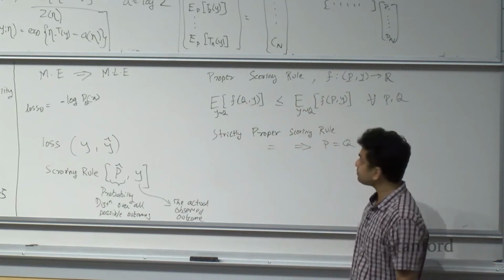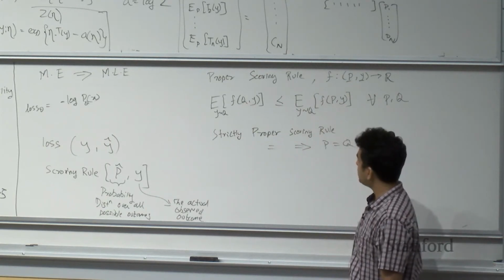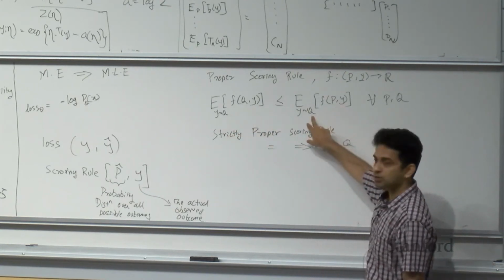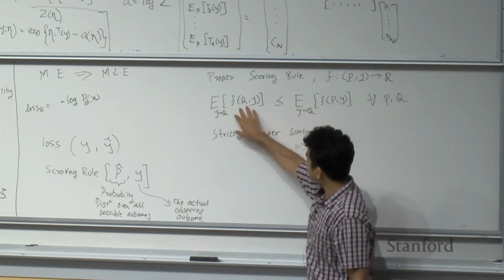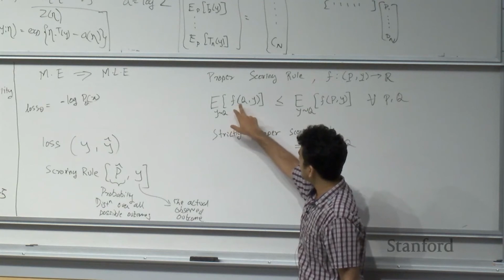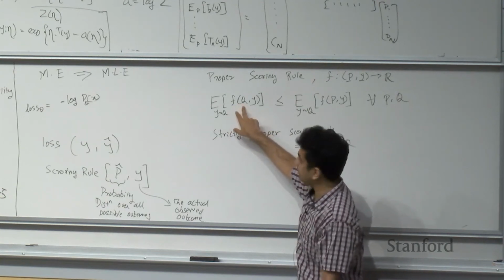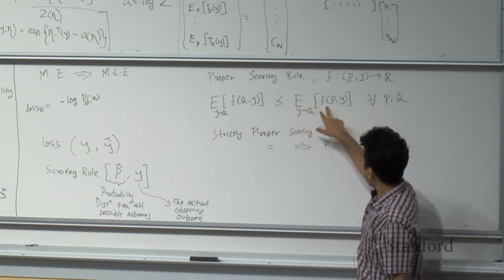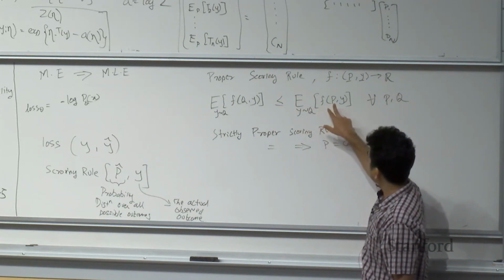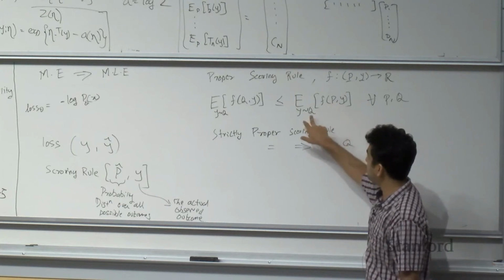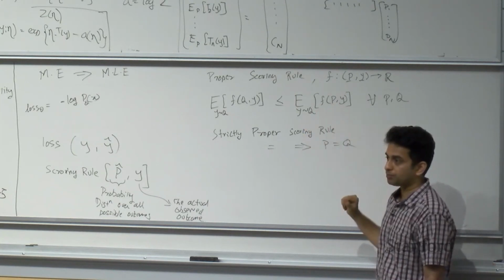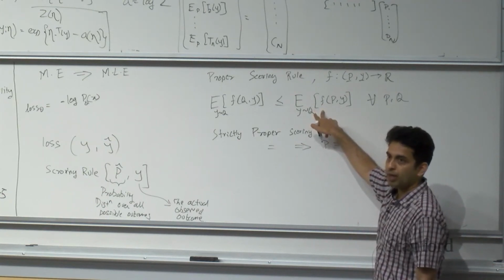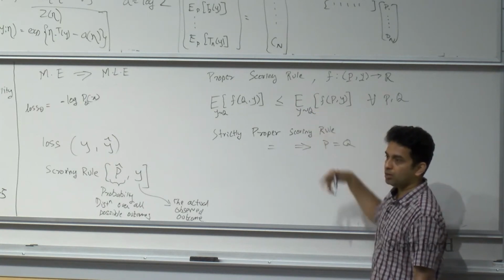F is a proper scoring rule if, when the actual outcomes follow some distribution Q, the average score assigned by f for a prediction q itself, where q was how the actual y's were distributed, will be less than the average score assigned by f where the prediction was a different distribution p than how y was actually distributed. Right? Now, if f is used as a loss function for your model and f is a proper scoring rule, then your models will tend to be well calibrated.